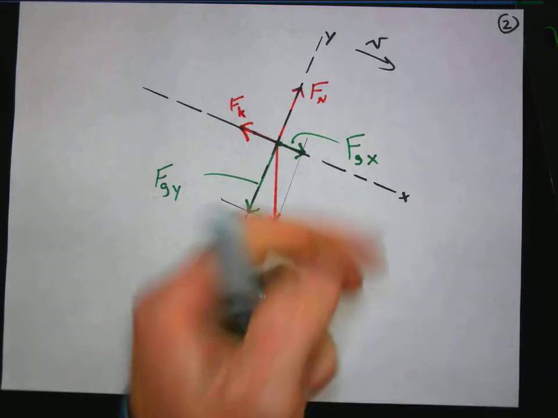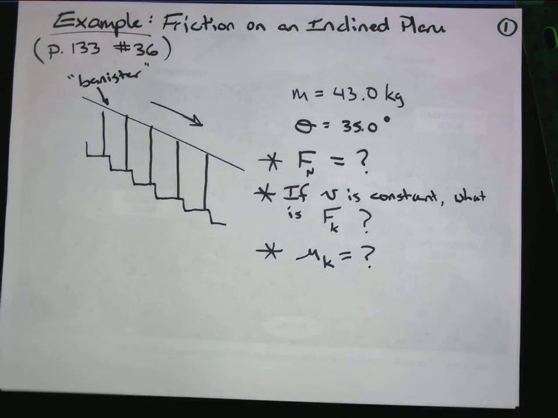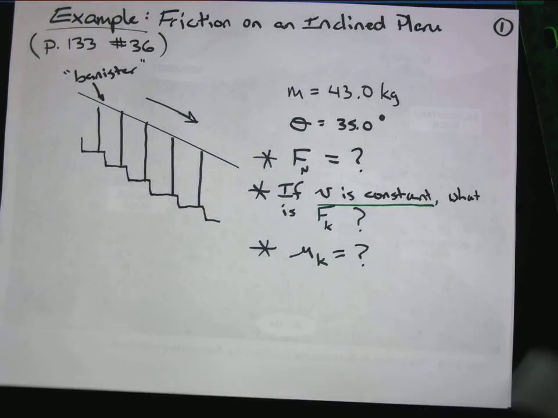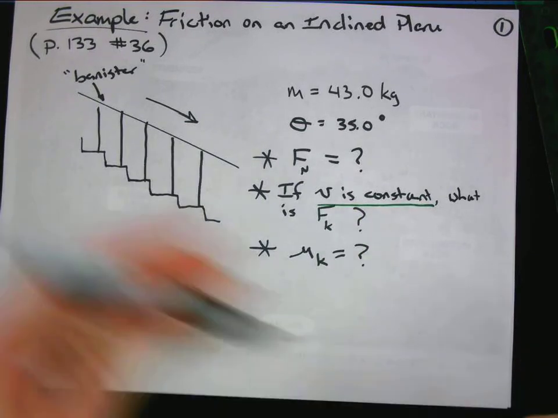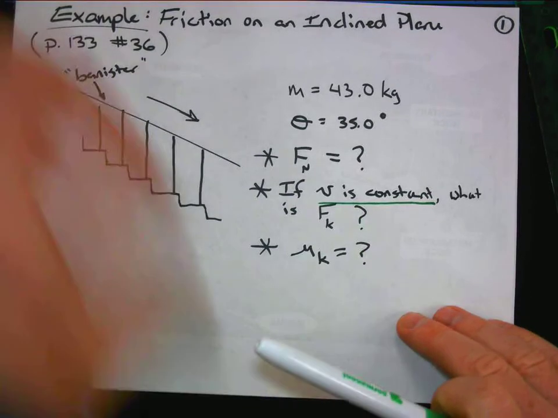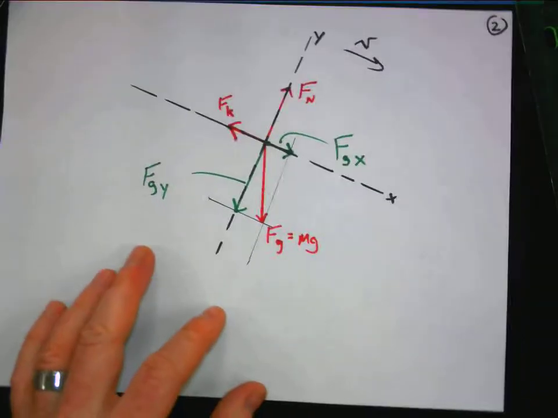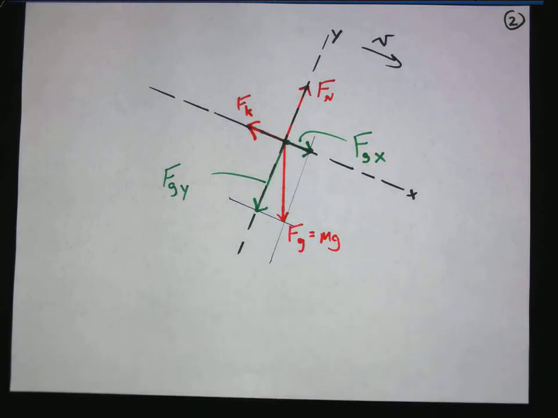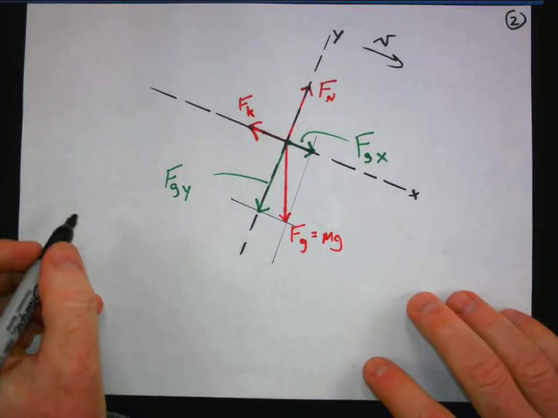Our situation called for constant velocity, so no acceleration. And if there's no acceleration, then even though he's moving, the forces must still balance out in the x direction. So what this is telling me is I have a situation of equilibrium.